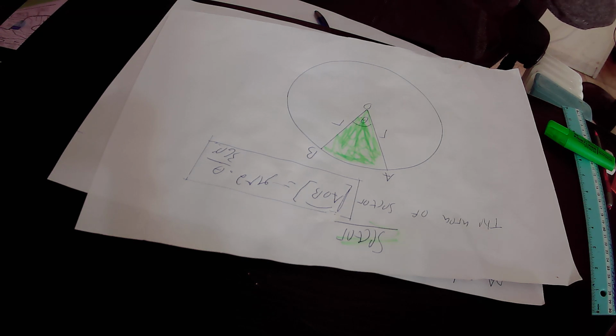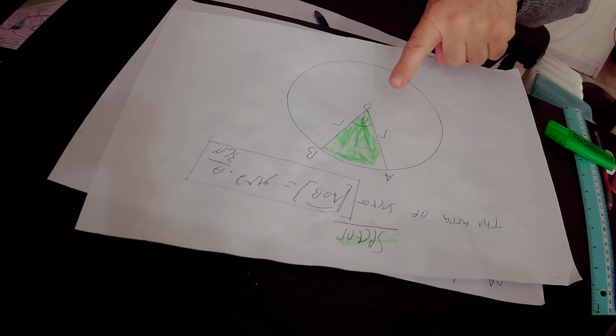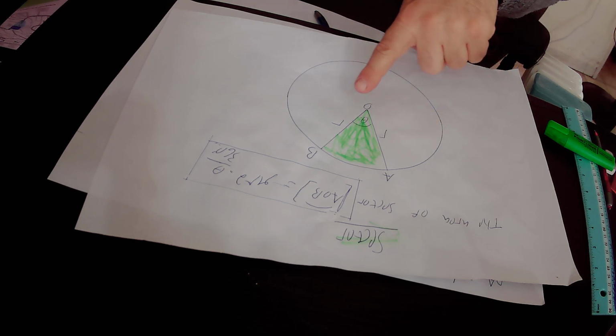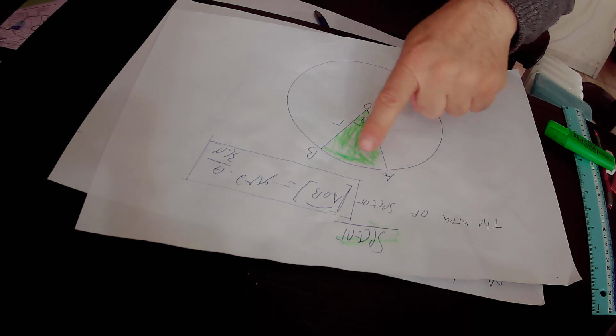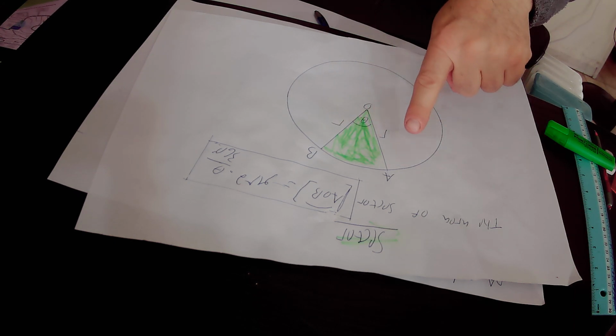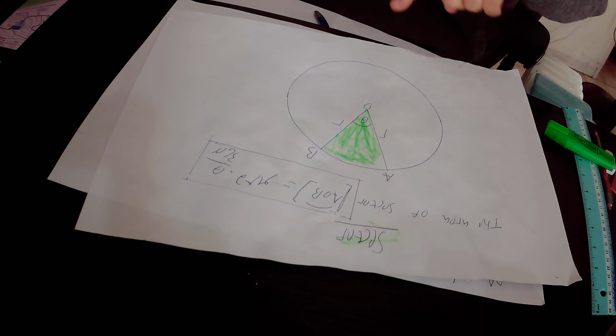We can also define the two radii of this circle as the legs of sector AOB, and also the arc between the two radii, the arc AB, is part of sector AOB.